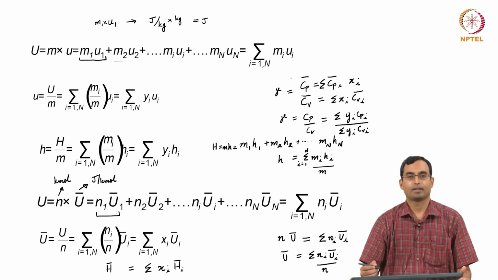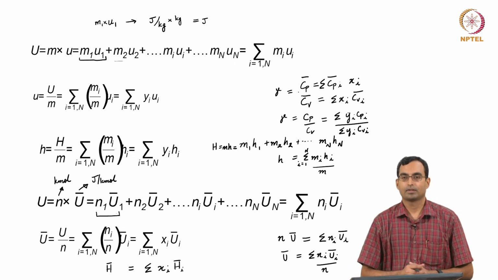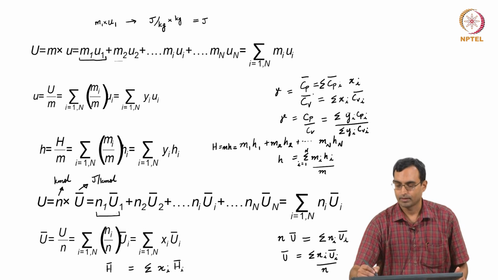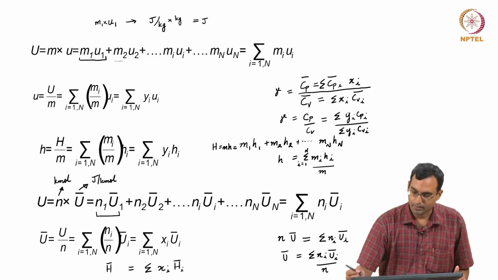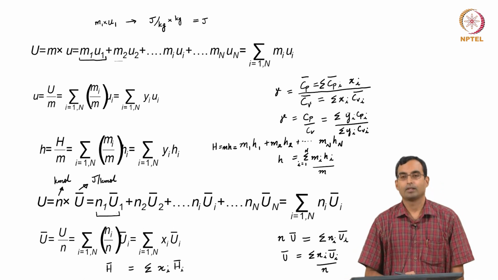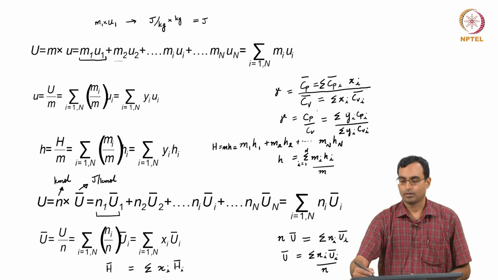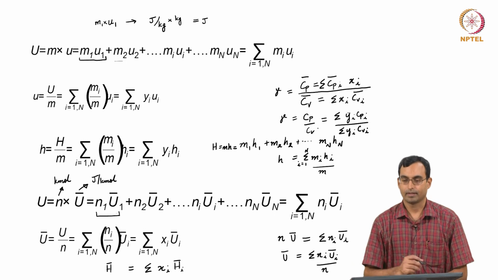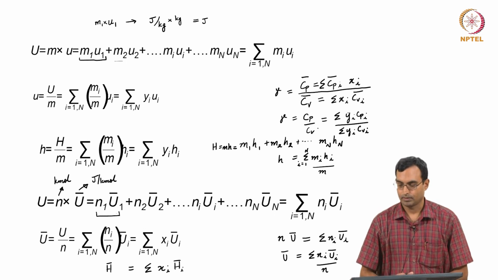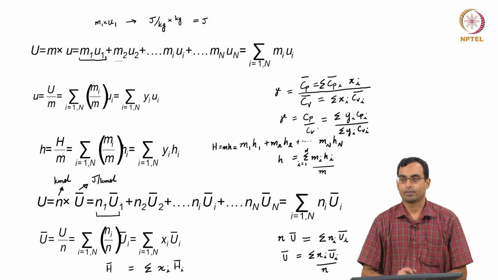Both of them would give me the same value. I just need to take the ratios where both are in the same units, so the molar values on numerator and denominator, or per mass values on numerator and denominator, and this would give me the mixture gamma, the ratio of specific heats of the mixture.